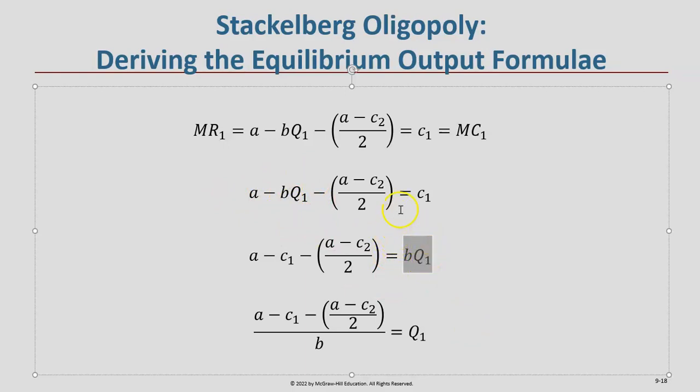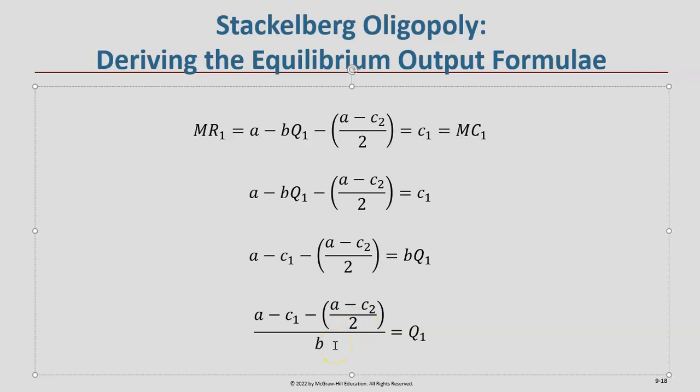And then I've subtracted C1 from both sides, so we remove it from the right-hand side and minus C1 appears on the left-hand side of the equation. So Q1 equals A minus C1 minus this term in parentheses over 2 times B.